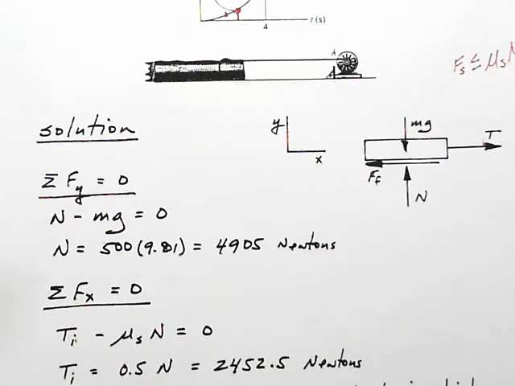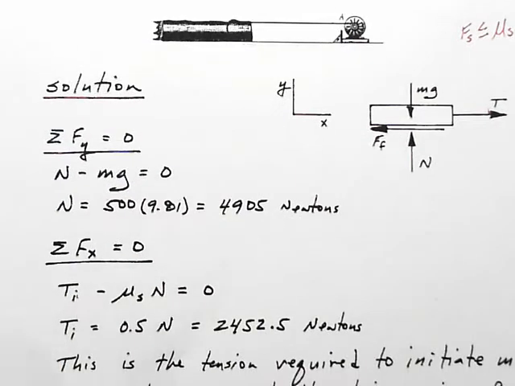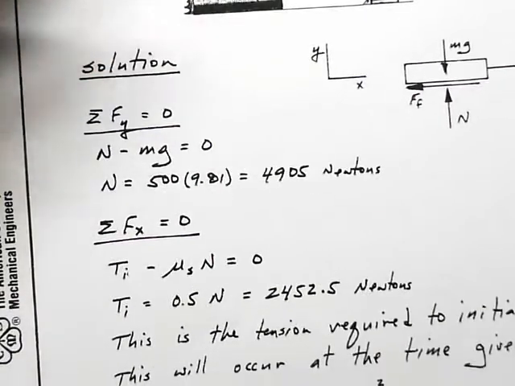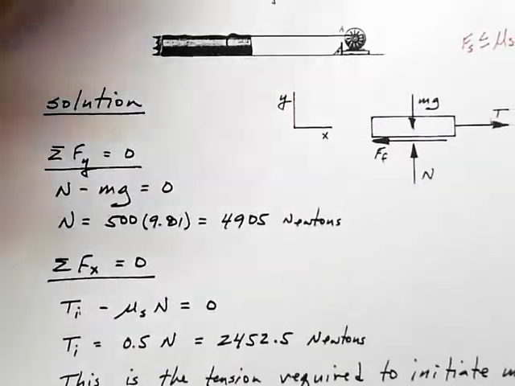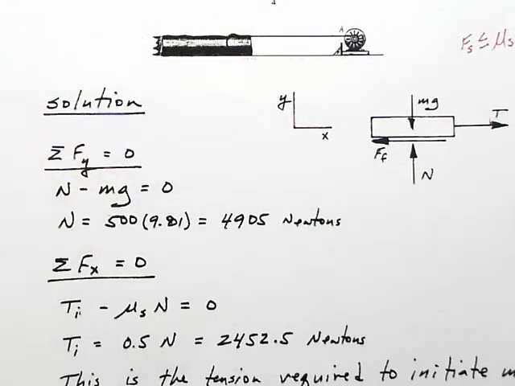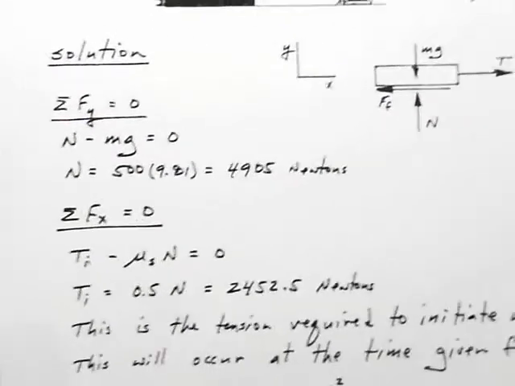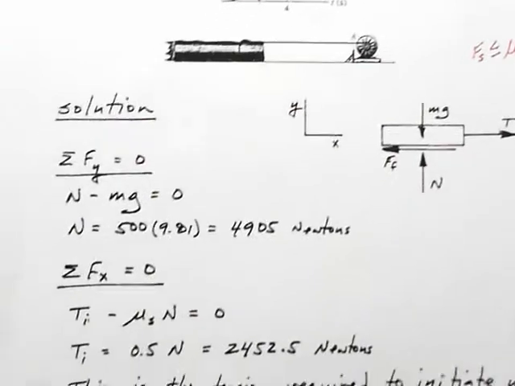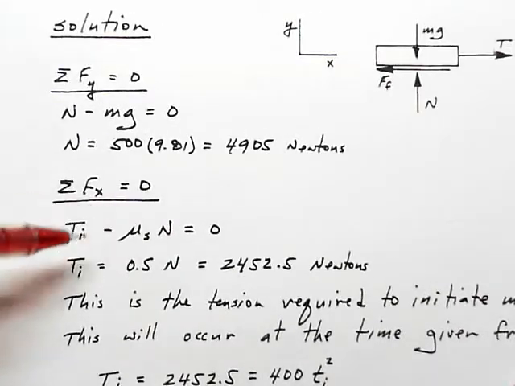Alright, now we're going to look at the static part of the problem where the log has not moved yet, and we want to find the force in the rope that will precisely equal mu static times N. So, summing forces in the x direction, we have a positive rope force, called T sub I, the force that will cause the log to break free, and a negative friction force.